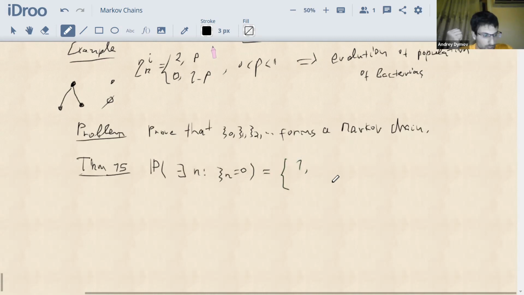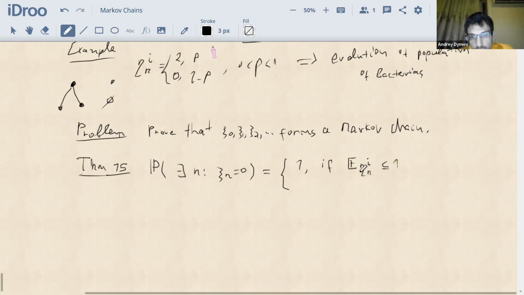1 if the expectation of eta is less or equal than 1. Let me write it more accurately.